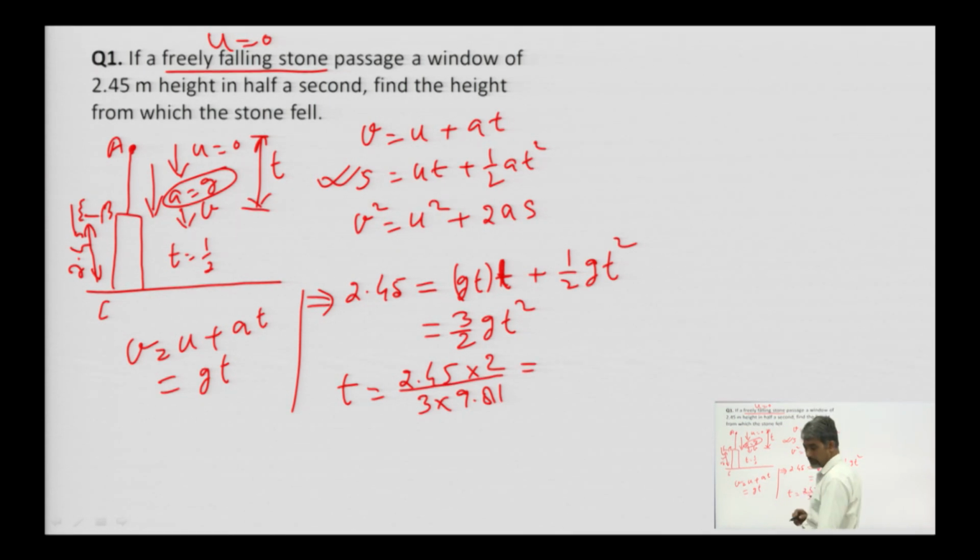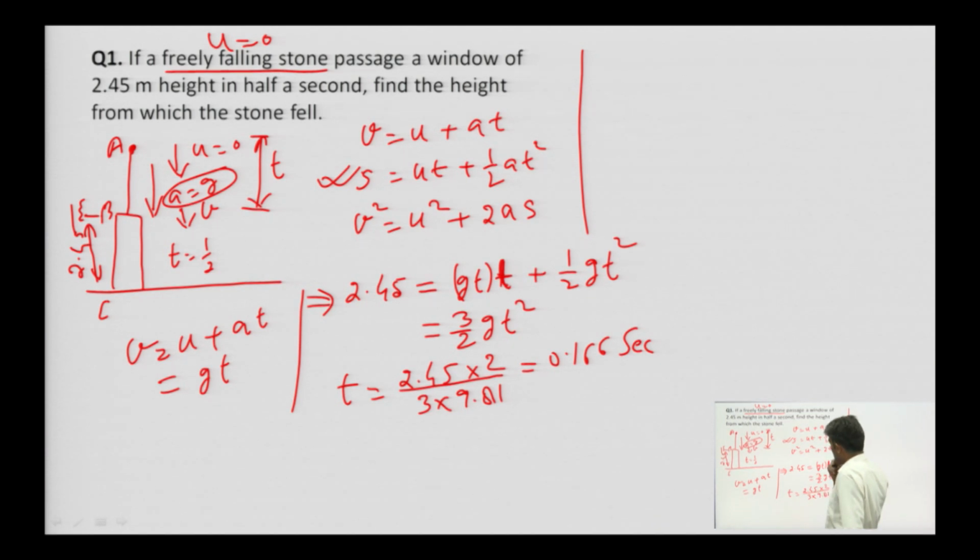This is the time for falling of the stone from A to B. Let us calculate it: 2.45 multiplied by 2 divided by 3 divided by 9.81, so it is 0.166 second.